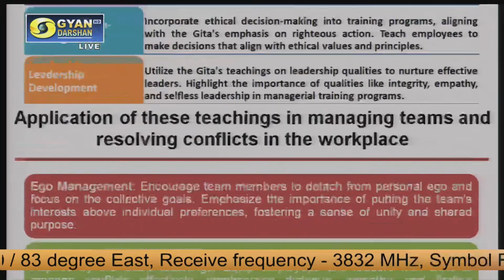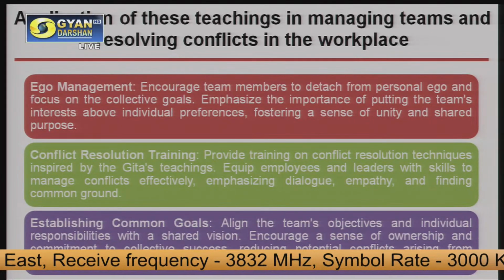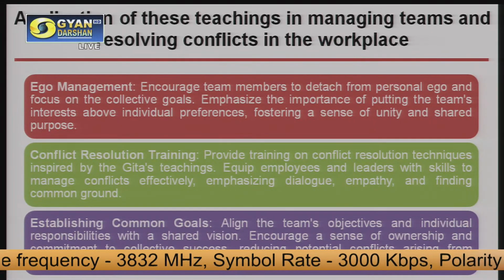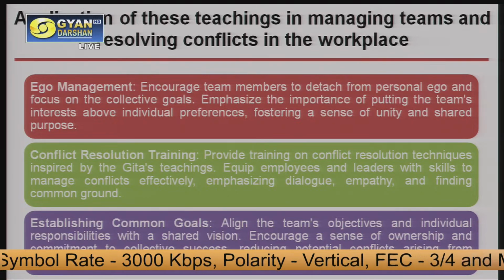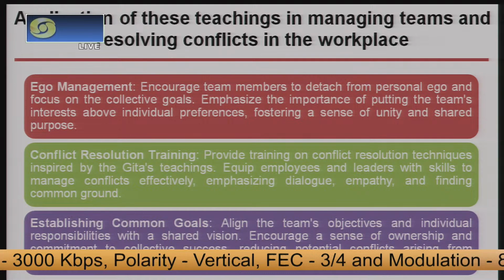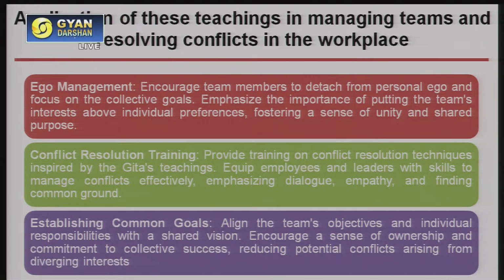These applications are very important for encouraging team members to detach from personal ego and focus on collective goals. Provide training on conflict resolution techniques inspired by the Gita's teachings, equipping employees and leaders with skills to manage conflict effectively, emphasizing dialogue, empathy, and finding common ground.